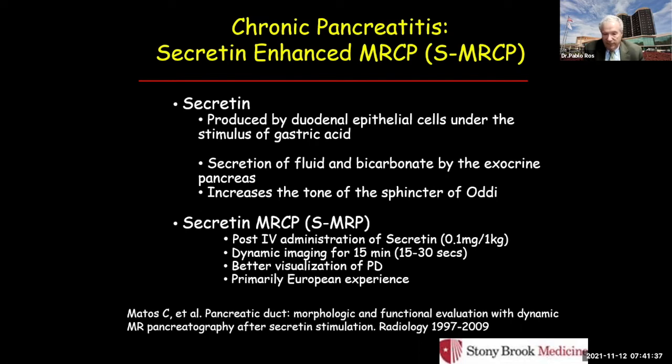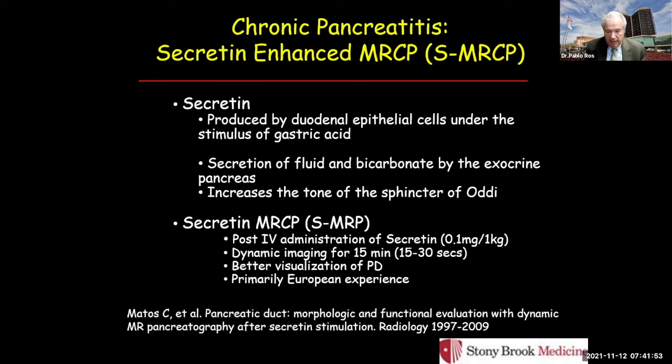For the next 15 minutes, you have to do dynamic imaging of the pancreas. And obviously, you will see the increased secretion of the pancreas. You see kind of beautiful MRCPs because there's more pancreatic juice.